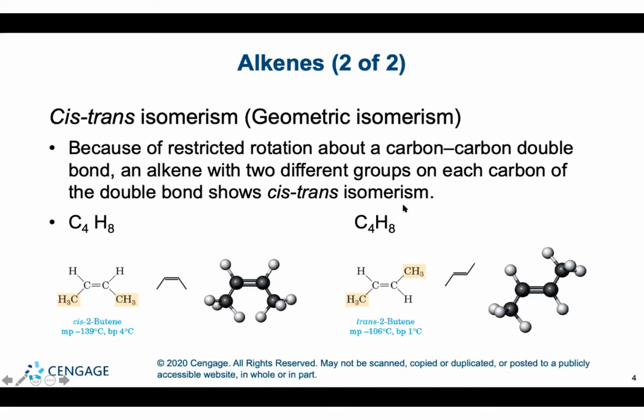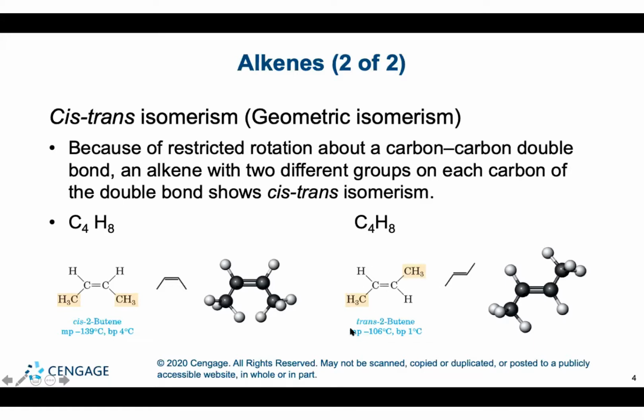We have the same molecular formula, but in one of them, the heavier branches are on one side. We call it cis. We just write it before the name of the compound. And in the other one, the two heavier branches are on opposite sides of the double bond.